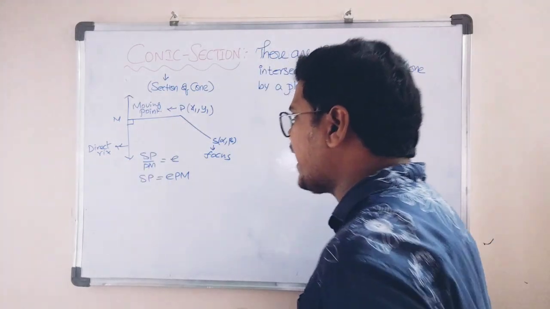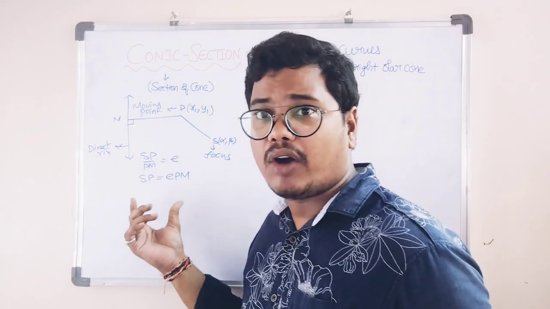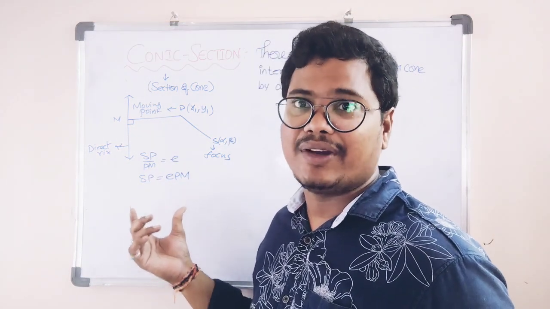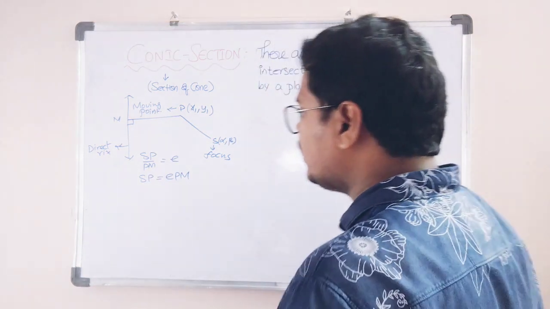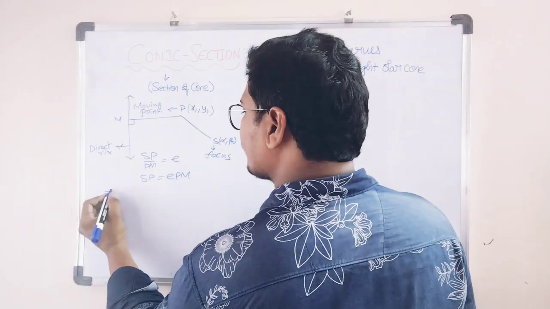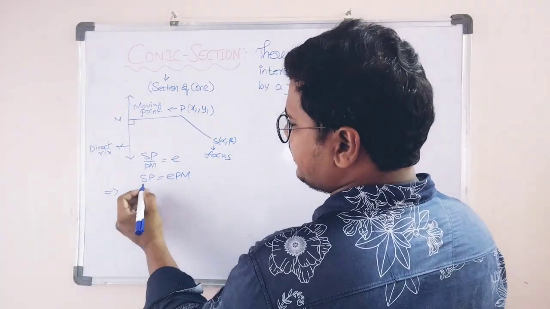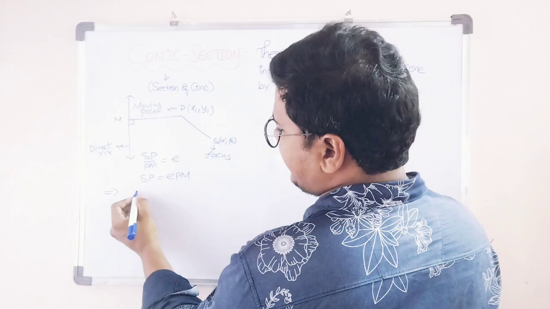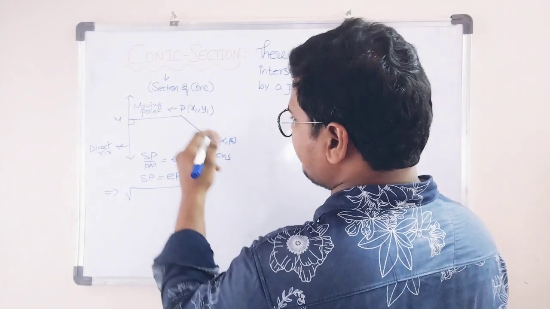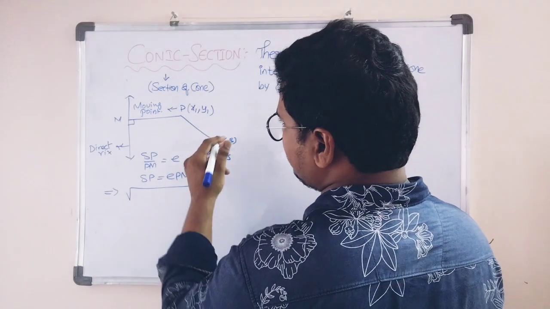In general, as per the definition of a conic, let us see how this equation is obtained for the second degree case. SP is the distance between S and P. What will happen?